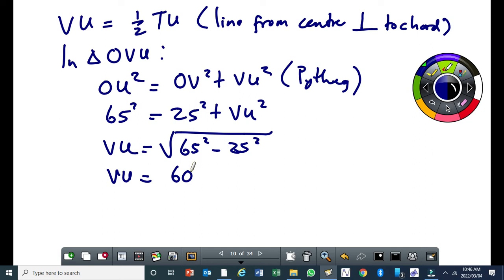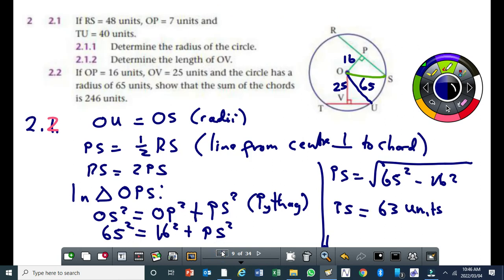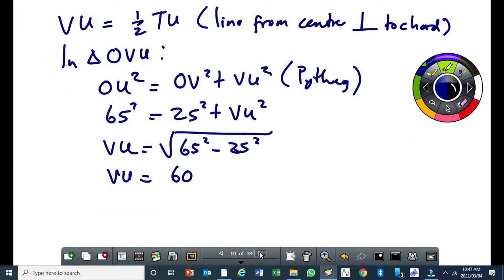What does the question say? The question says, show that the sum of the chords is 246 units. I found PS, which is half of the chord, and VU, which is also half of a chord.